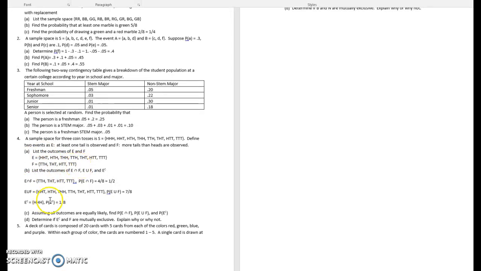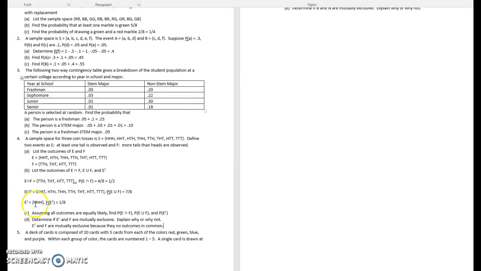So these two have nothing in common. All right, so E complement and F are mutually exclusive because they have no outcomes in common. Or you could write, if we intersect them, that intersection is empty.